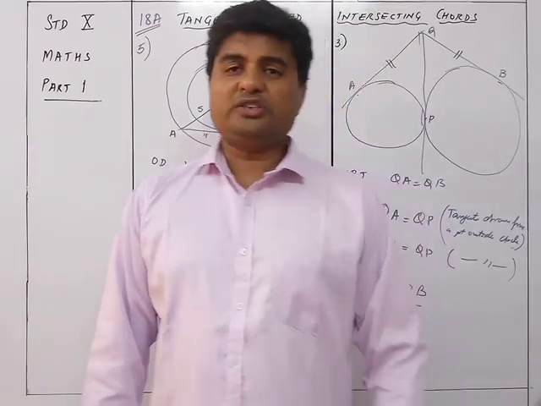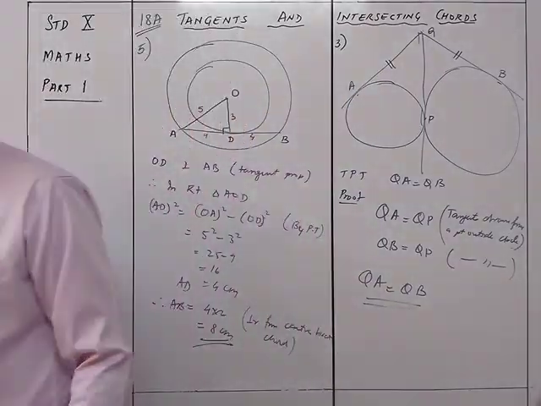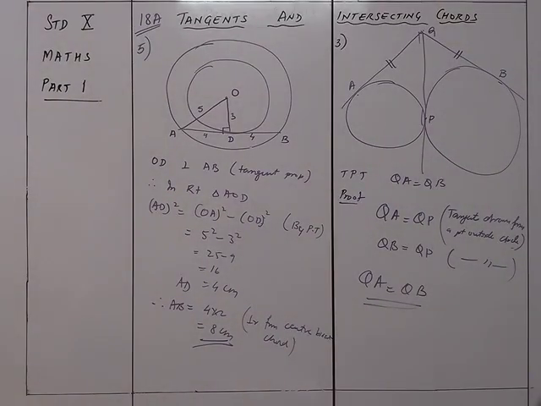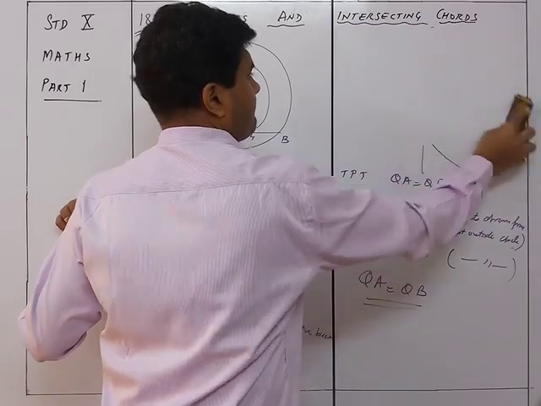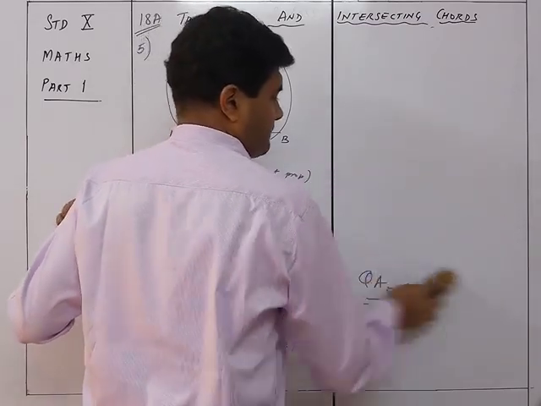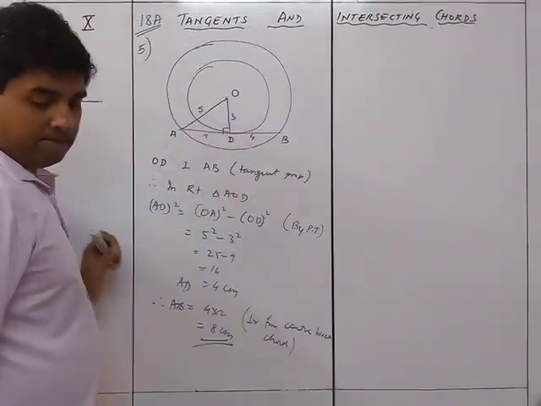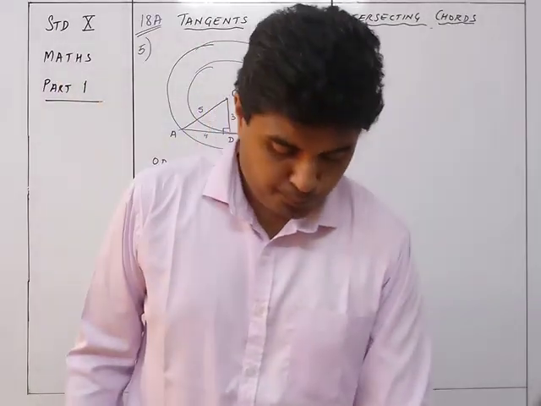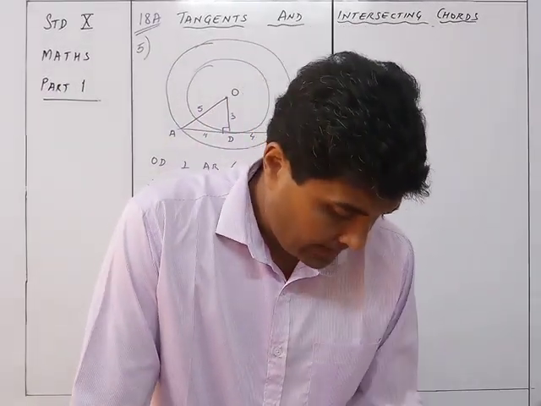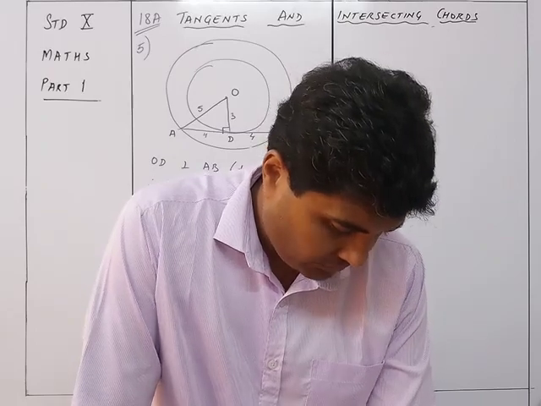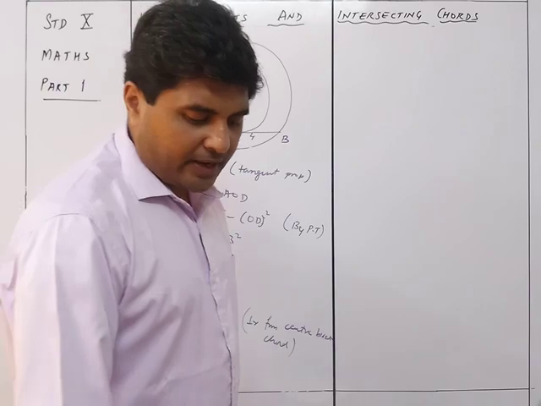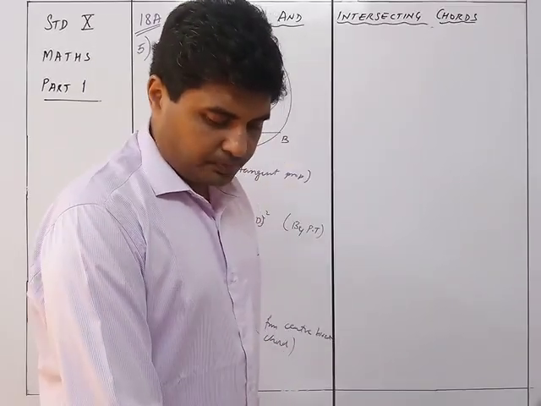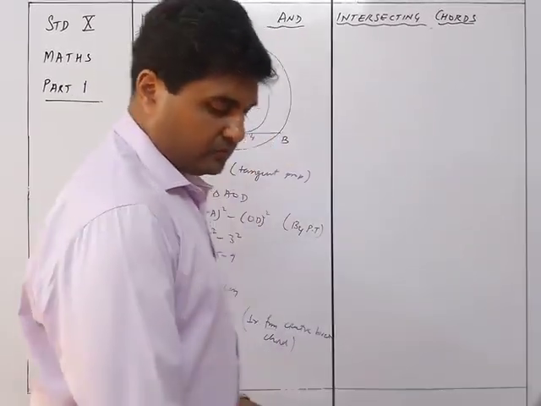We now move on to question number 7. If the sides of a quadrilateral ABCD touch a circle, prove that. Okay.